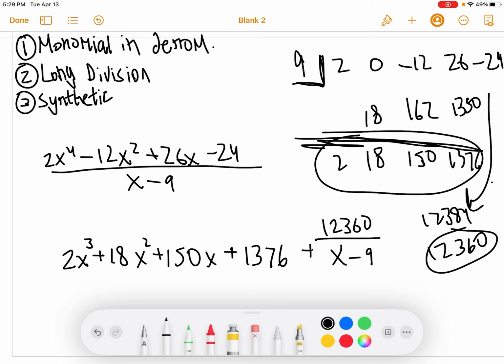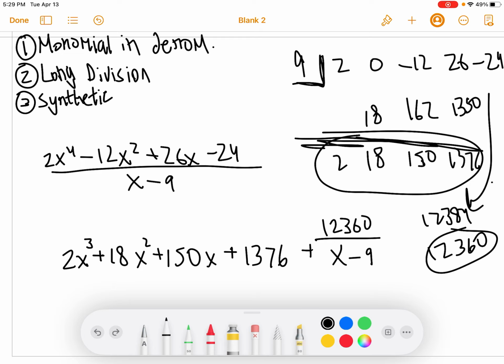So to review, when you're using synthetic division, you have to set this equal to 0, put whatever that answer is there. You put all the coefficients here, then you bring the first one down, multiply, put that answer there, add, same thing, multiply until you get to the end, and then you take all the numbers on the bottom, add x's to them, and then add powers to them based on what was there.